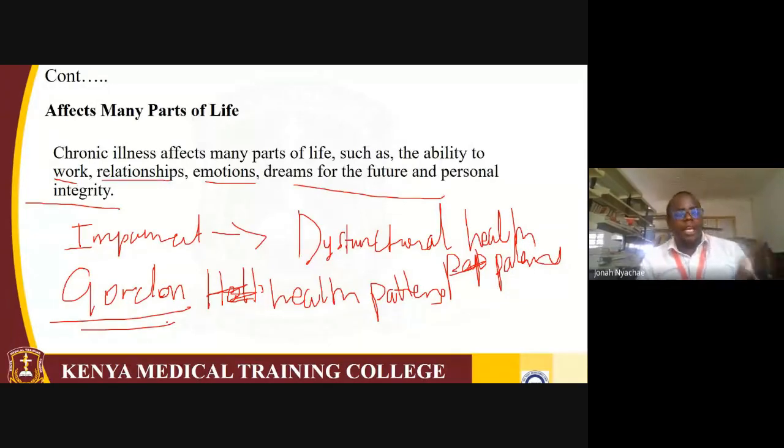It could be elimination, nutrition, perception about a person's health, role and relationship, coping and stress. It's actually 11. So for a person who has chronic illness, you can use Gordon's to look at these patterns that have been affected. But mostly you will find their relationships and their roles being affected.